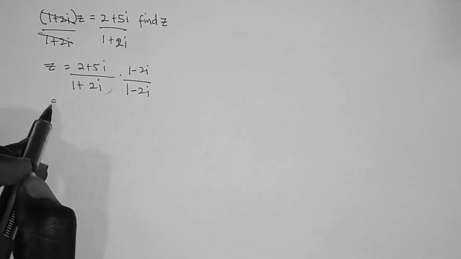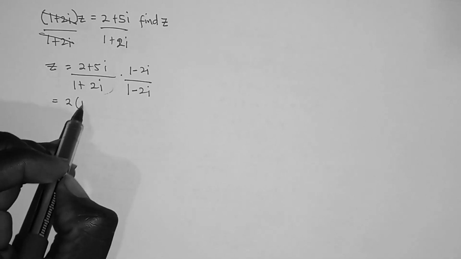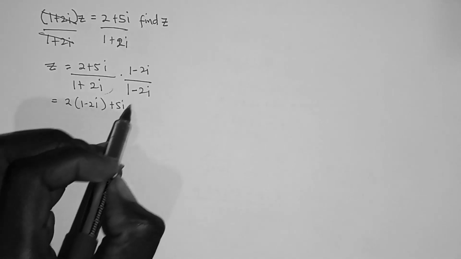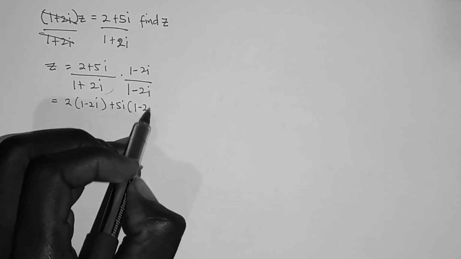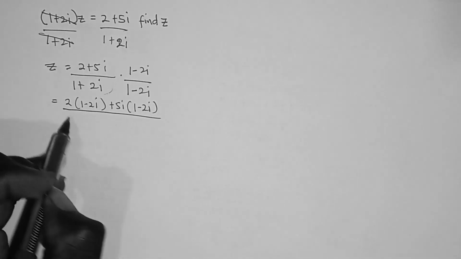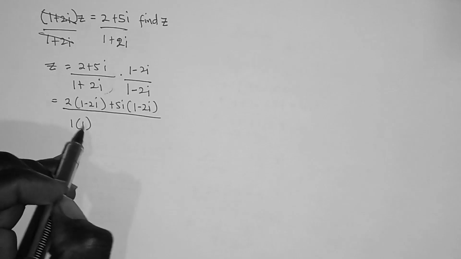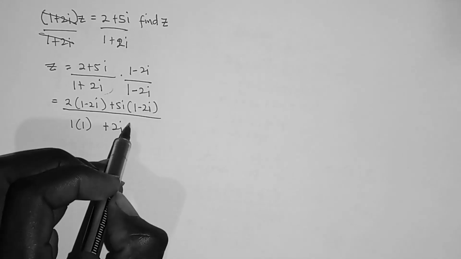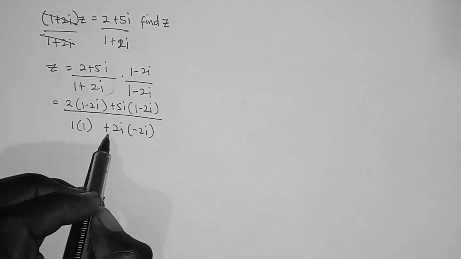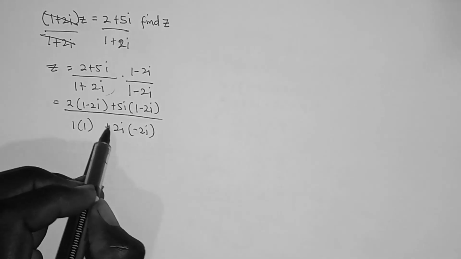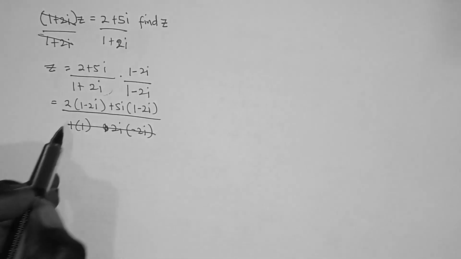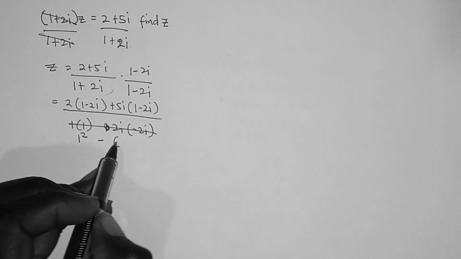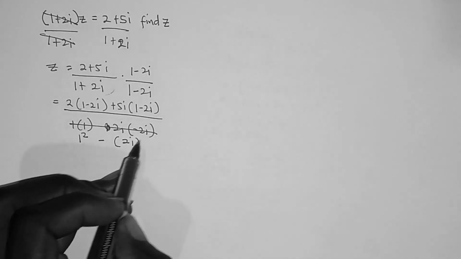This is equal to 2 times 1 minus 2i, then plus 5i times 1 minus 2i, divided by 1 times 1, then plus 2i times minus 2i. So because this is just difference of two squares, let me rather do it 1 squared minus 2i squared.